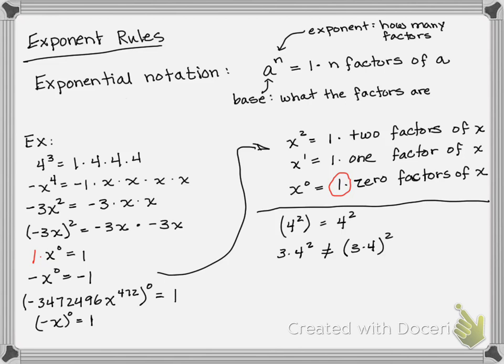But you just want to think of what's happening inside the base and what's happening outside the base. So what factors you're actually applying the exponent to and what factors you're not. We can think of that negative sign as a factor of -1. Right? And so that exponent of 0 doesn't apply to that factor of -1 there. Whereas here it does because it's in the parentheses.